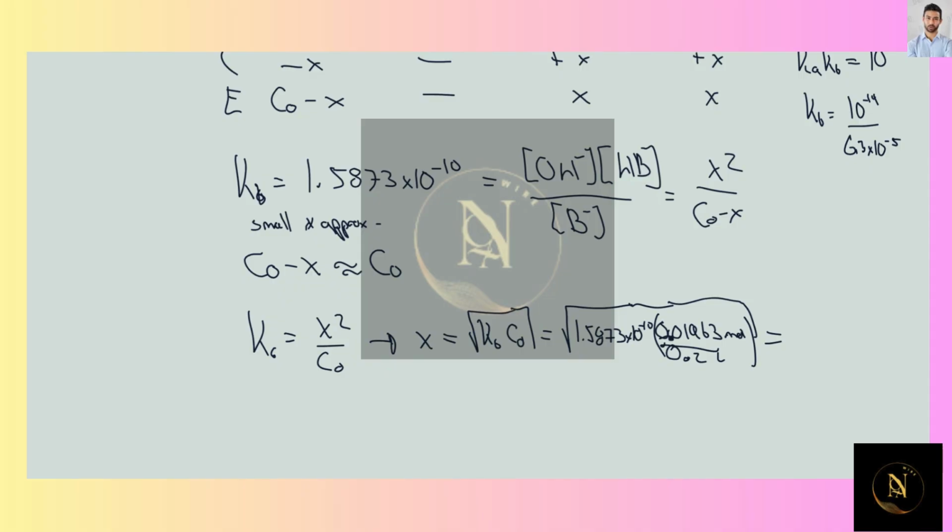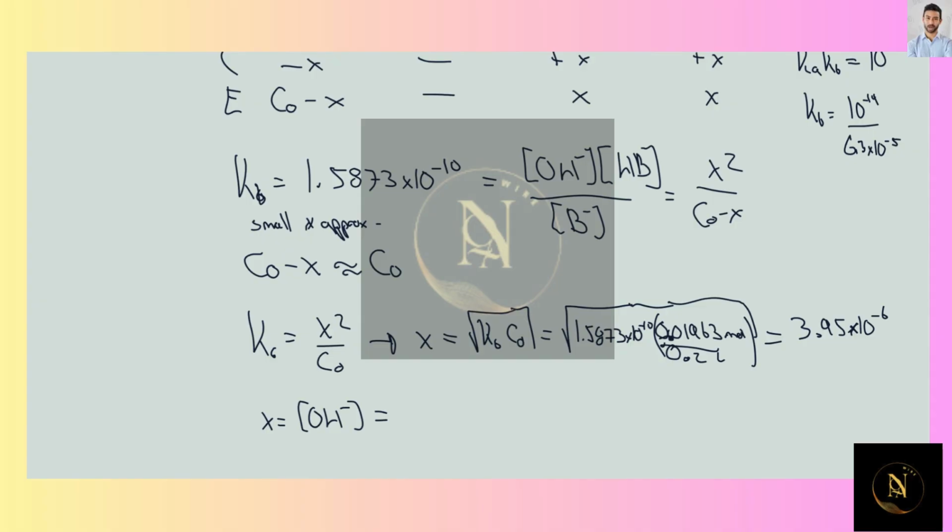So the value would be equal to 3.95 times 10 to the minus 6. This is the value of x that we just calculated. And what is x? Well, x is equal to the concentration of OH minus that we're going to have at equilibrium.